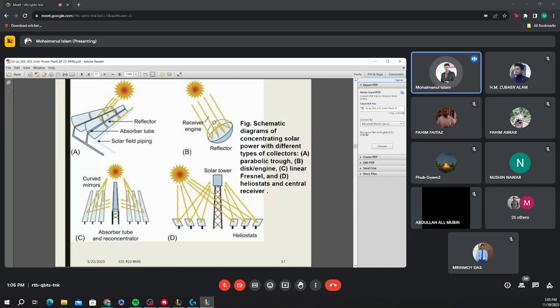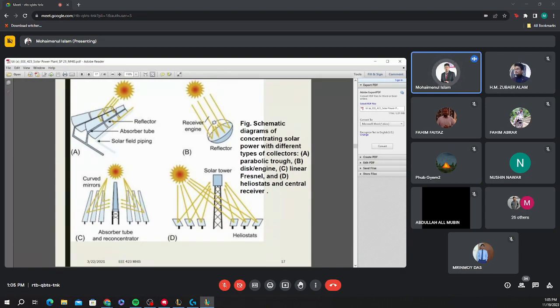So that dish type, all the light is concentrated in one particular point, and that point can get a high amount of heat, and it transfers the heat to the fluid, and the fluid can get the heat and rise its temperature. And also this is another absorber, Fresnel type, linear Fresnel.